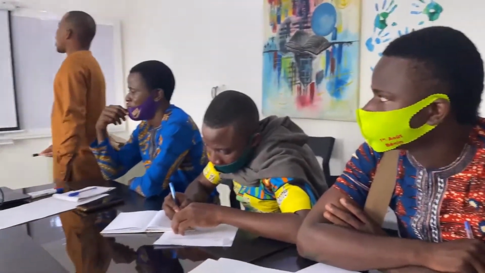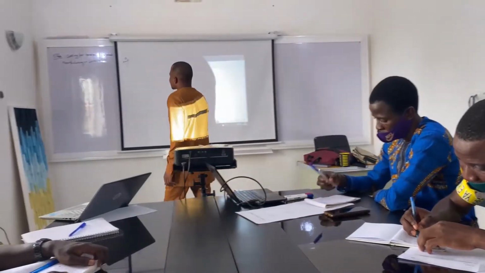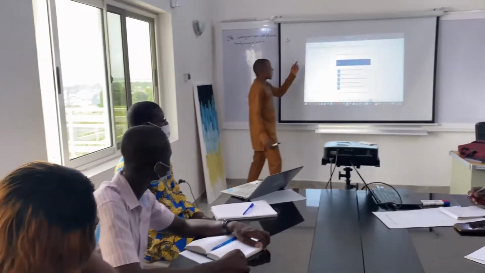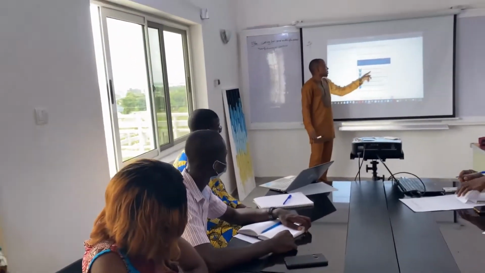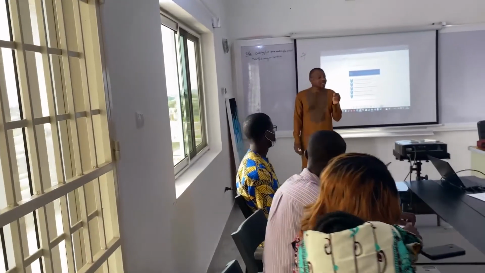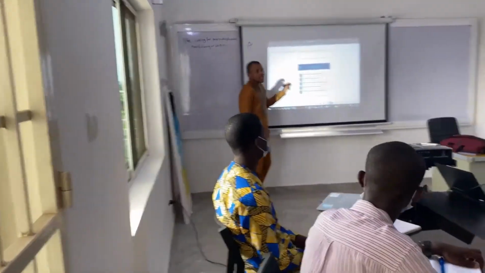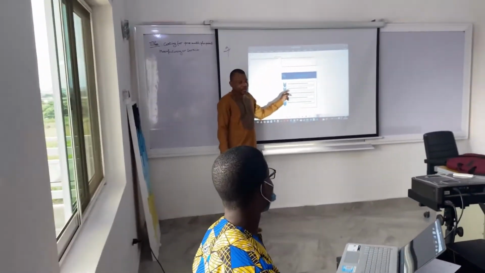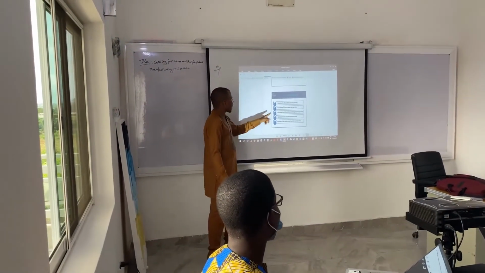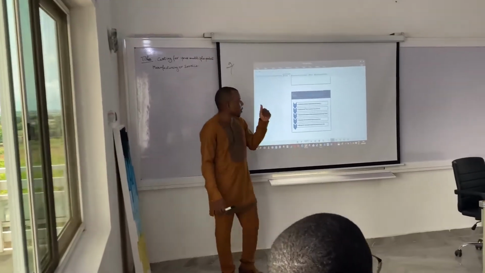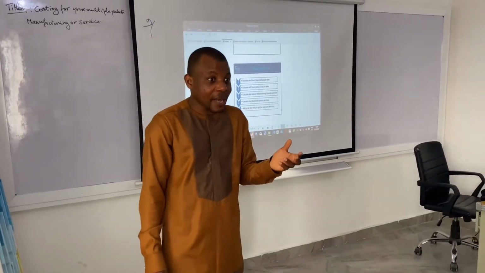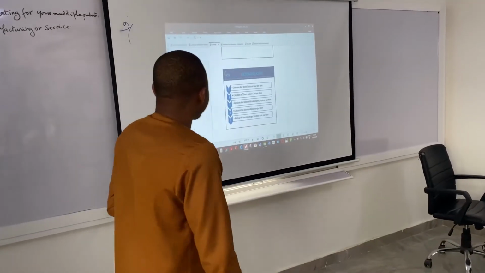So, how to calculate cost when it comes to multiple products? The first step, you have to calculate the direct material cost per item. Donc, il faut calculer les coûts directs qui sont liés aux matières par produit. Calculer le direct labor cost par produit, les coûts directs liés à la main-d'œuvre.